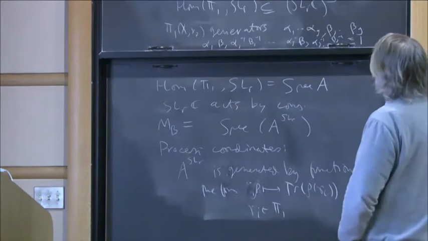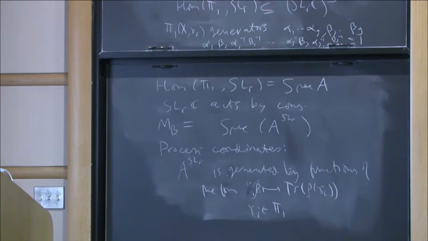Now, since it's affine, unless it happened to have dimension 0, but in general, as in this case, it will not, it has to be non-compact as soon as the dimension is positive. So we would like to look at what happens at infinity.